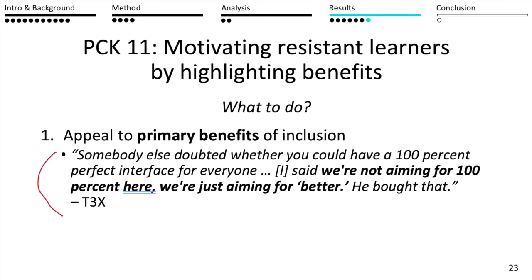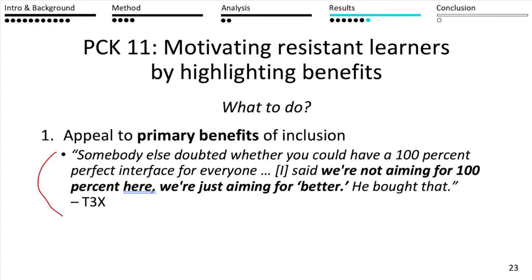So the key here is to agree. Whenever anybody is worried about anything like stereotyping or it's not perfect or whatever, the key is always agree first, and then say why that is still okay. So here I said, you're right, but we're not aiming for 100%. We're just aiming for better. Just like when you debug, you're not aiming for 100% perfect software, but you're trying to get the bugs that you know about out. So that really helps.